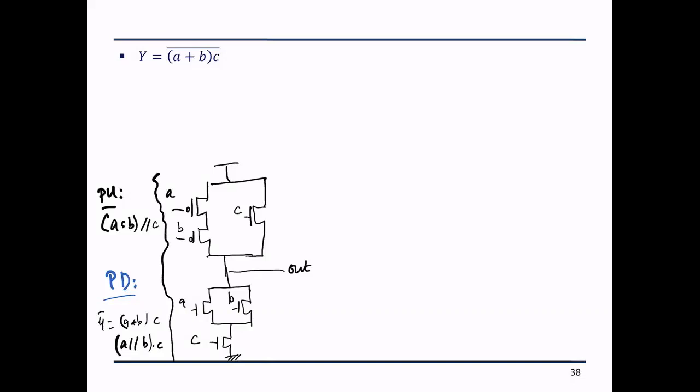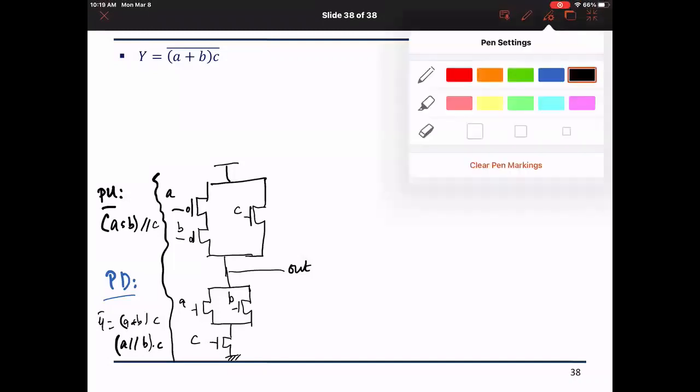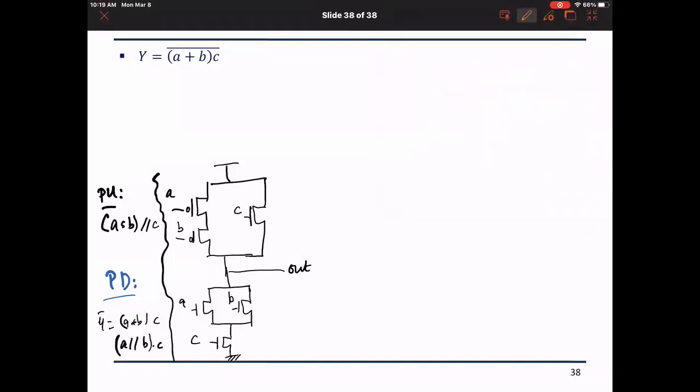Now I want to draw the stick diagram for it. I need to find the Euler path. I want to find a common Euler path. So let us start with the pull up, because the loop is clear here. Pardon me. So let us start with the pull up network. If I start from here or from here, it doesn't matter. We can start from VDD.